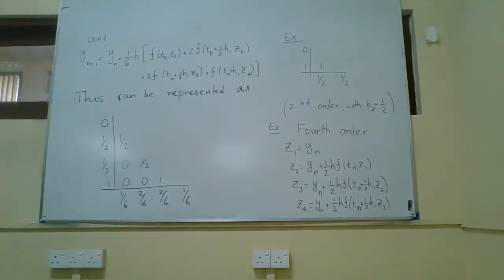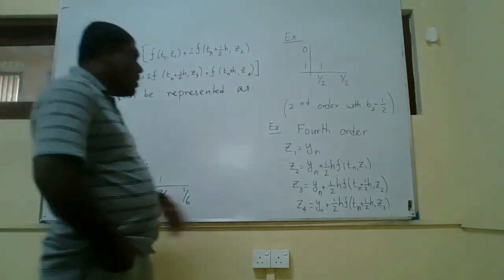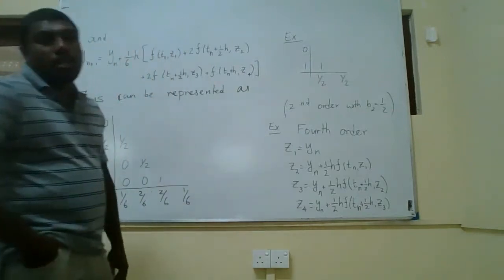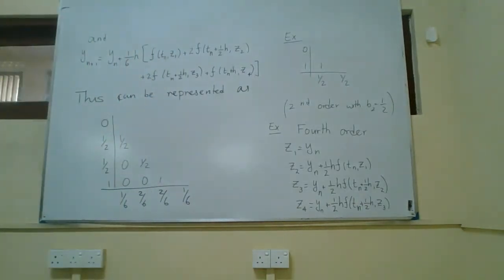So these are two different ways of interpreting the Runge-Kutta method. So now what we are going to do is we are going to see the convergence and stability of the method.